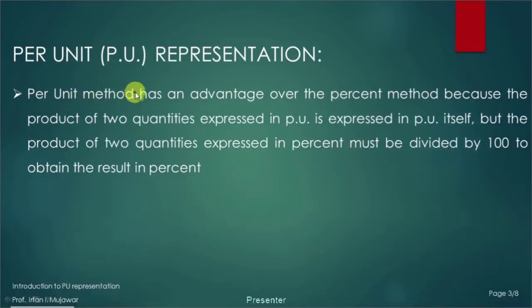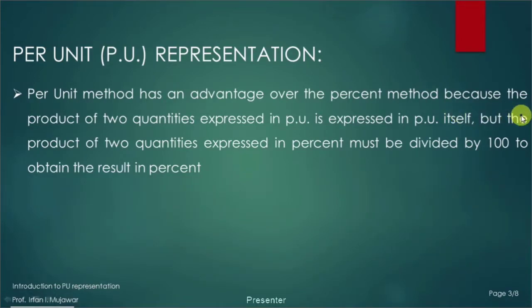There is an important advantage of per unit method over percentage method as follows. Per unit method has an advantage over the percent method because product of two quantities expressed in per unit is expressed in per unit itself. What it means? If you multiply two per unit quantities, answer will be in per unit. For example, 0.3 per unit multiplied by 0.4 per unit will result into 0.12 per unit. So given quantities are in per unit and the product is also in per unit.